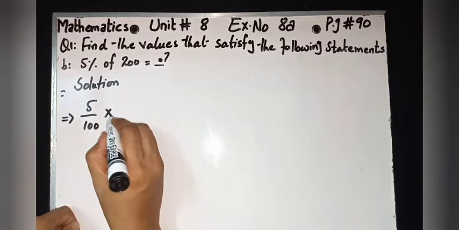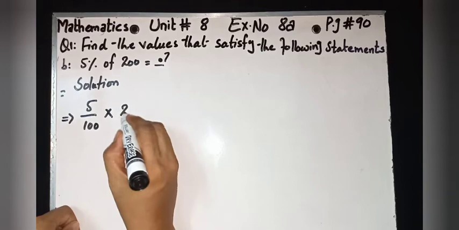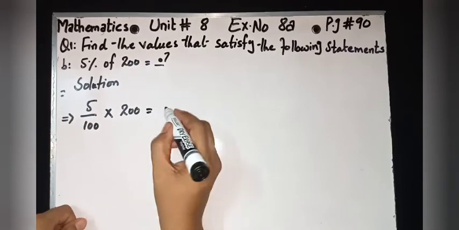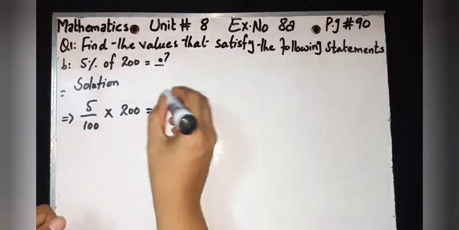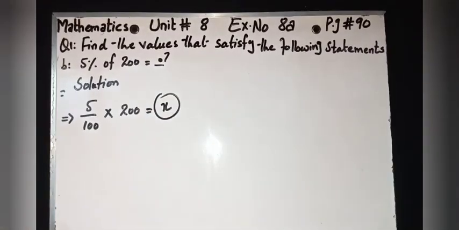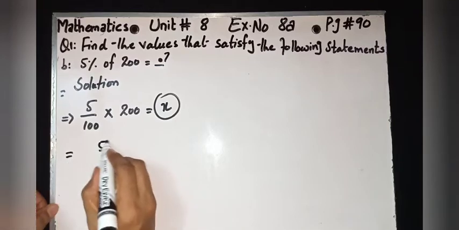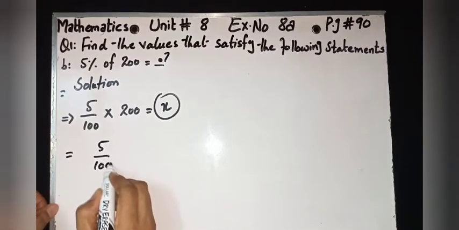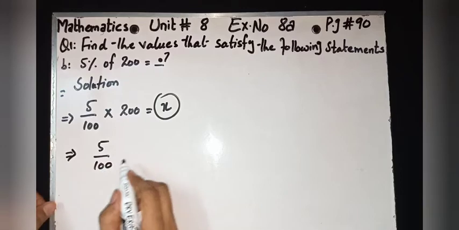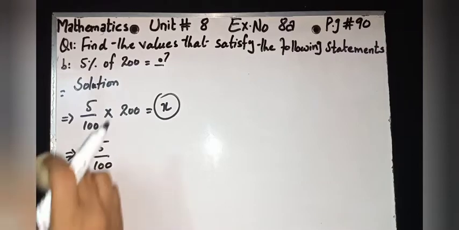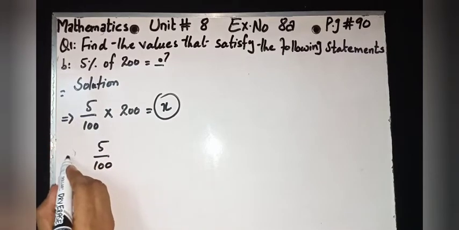Of means multiply. 200 as it is copy, equal to x. It means we find the value of x. Next step, 5 upon 100. When we use two equal signs in one step, at that time we use the applying sign. Okay, it's called the applying sign.